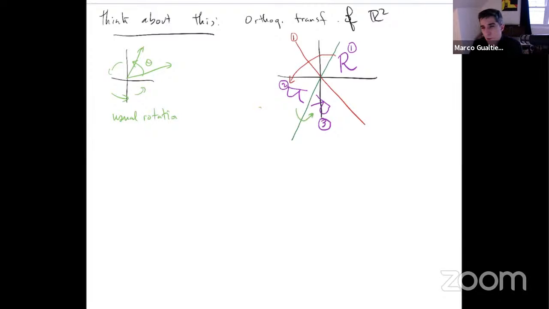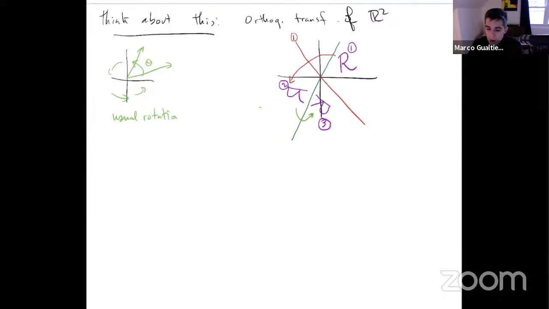So by doing 2 reflections, I am orientation preserving again, and I have essentially accomplished a rotation. So 2 reflections is a rotation.